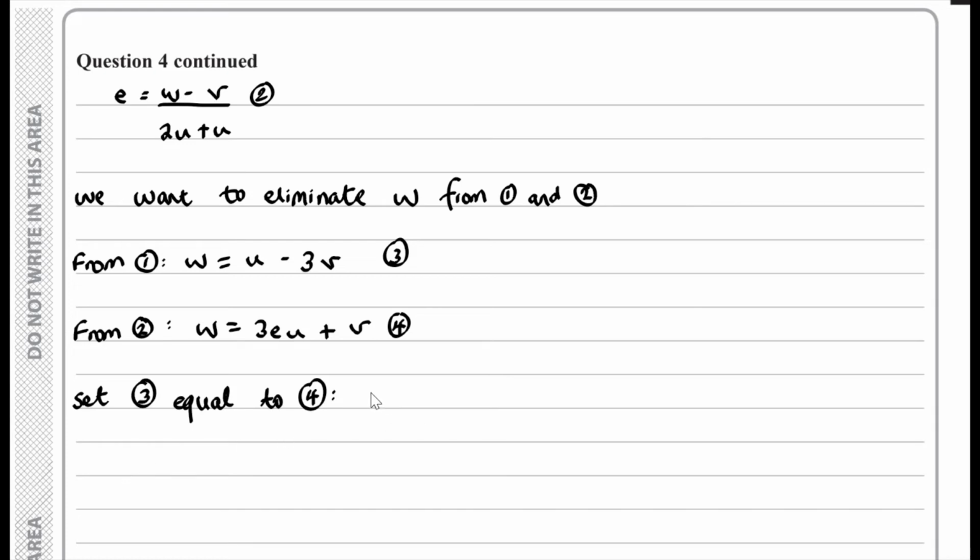And in doing so, you'd find we have U minus 3V equals 3EU plus V, and therefore we can rearrange this equation.